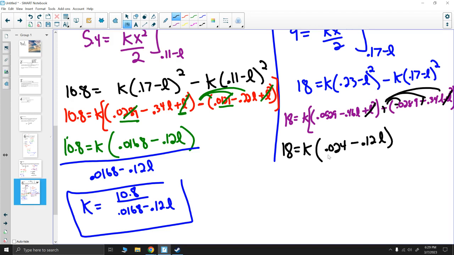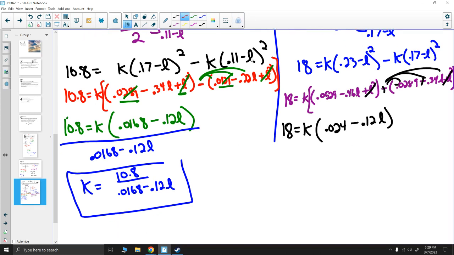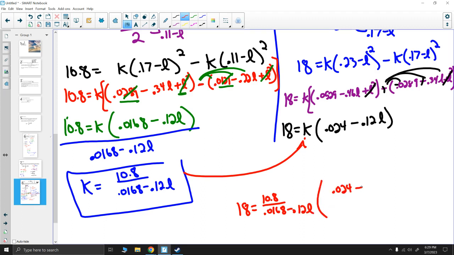Okay, so now what we need to do is plug in our k for L here. So we're going to take this, substitute it in. We get 18 is equal to 10.8 over 0.0168 minus 0.12L times 0.024 minus 0.12L over 1 kind of thing, right?